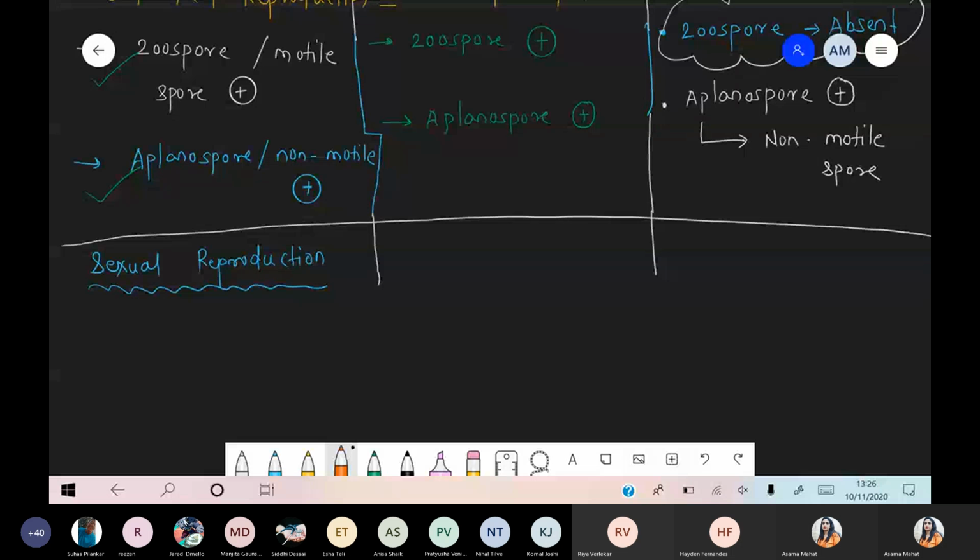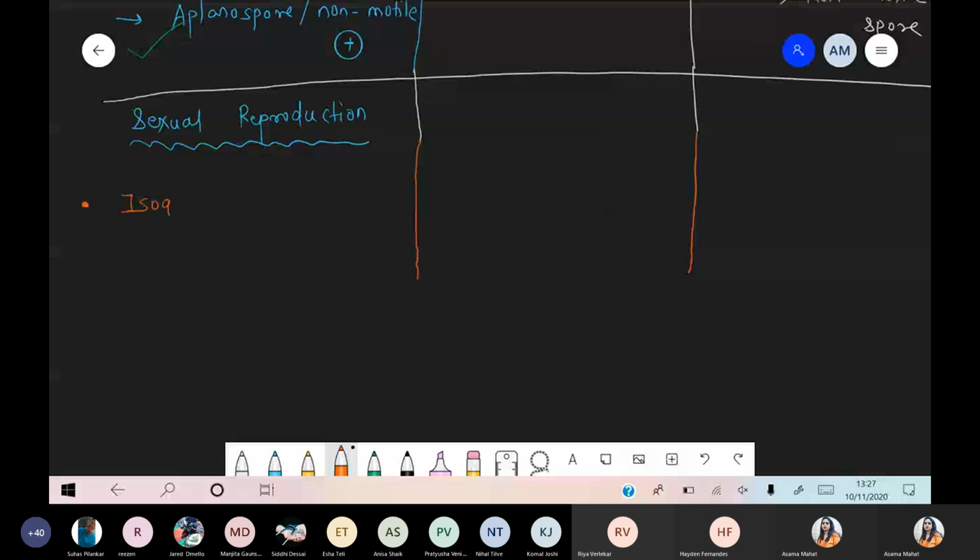And oogamous is the most advanced. So quickly we are taking all these points. First of all, under the green algae, there is a presence of the first type, very simple, isogamous. Isogamous is the most common mode of sexual reproduction.